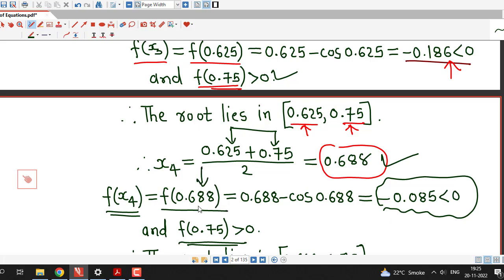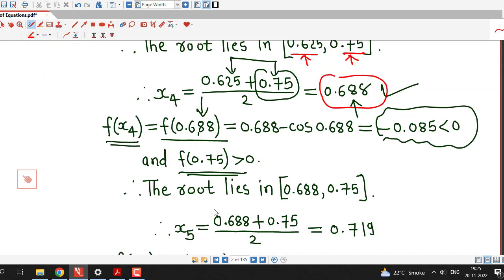So next approximation is average of 0.688 and 0.75. So I have written that therefore root lies in this interval, and therefore x5 is average of these two, which turns out to be 0.719.